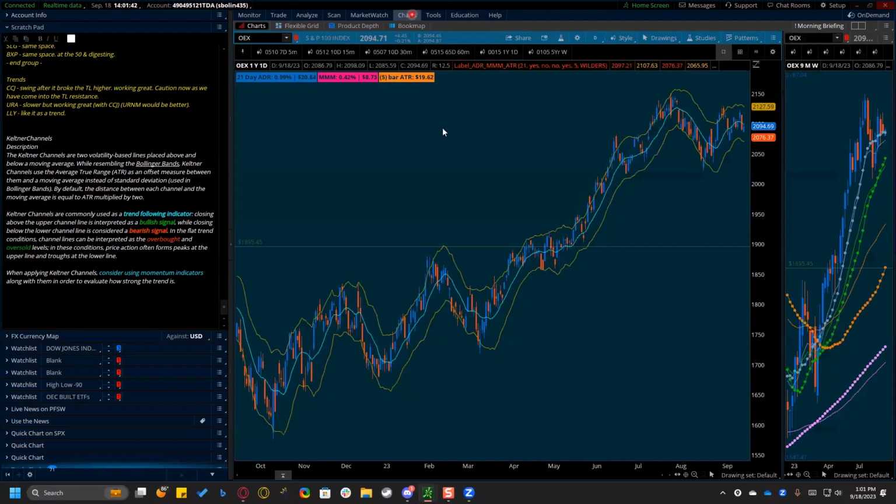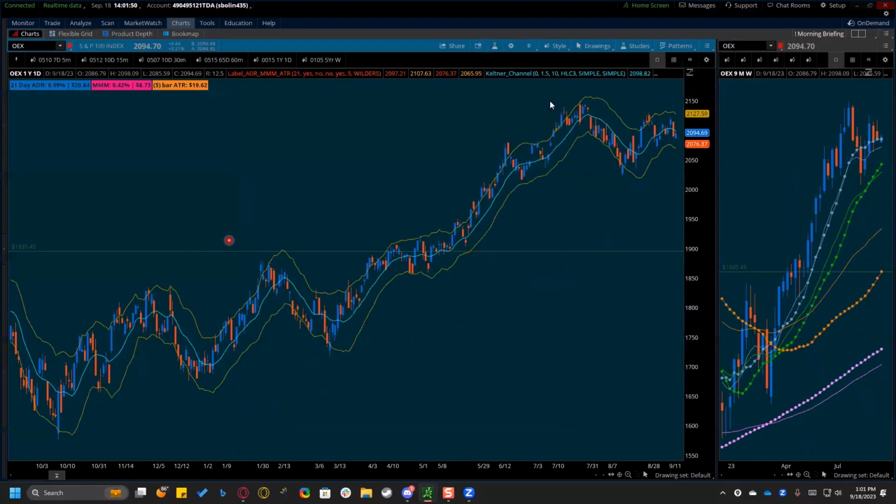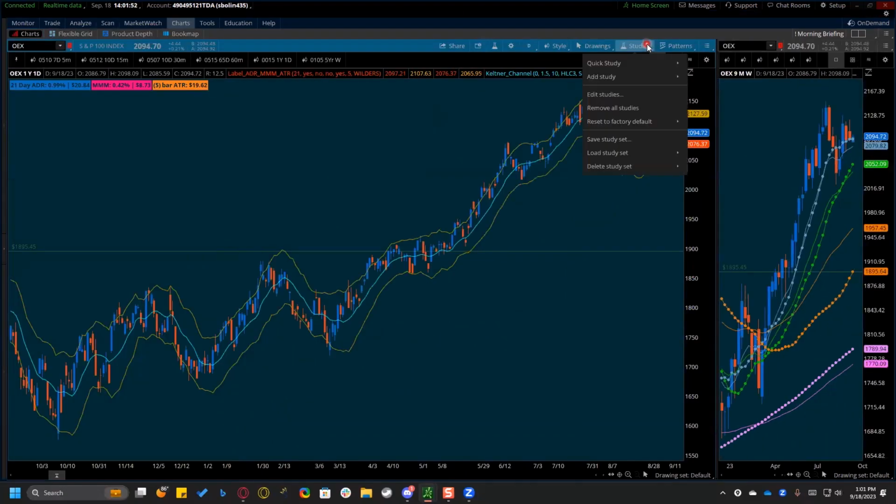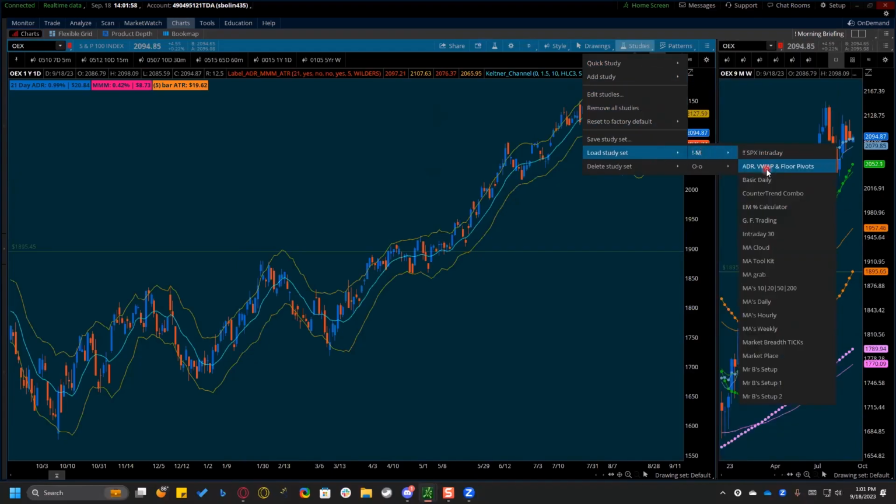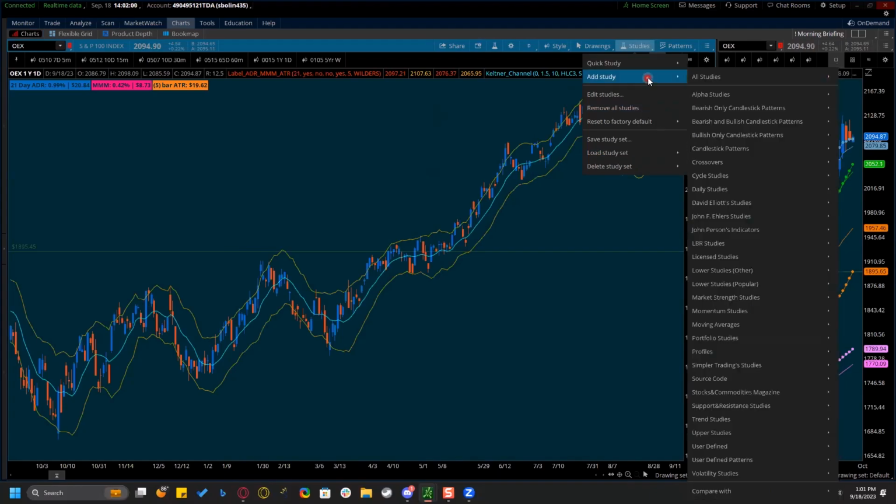If you're interested in what they have, you can use the studies button. So if we come up here and we go to studies, if you look at all the studies out there, we can actually go to an individual thing, right? If we want momentum, there's momentum from A to Z. And as you can see, there's a lot of momentum indicators out there.